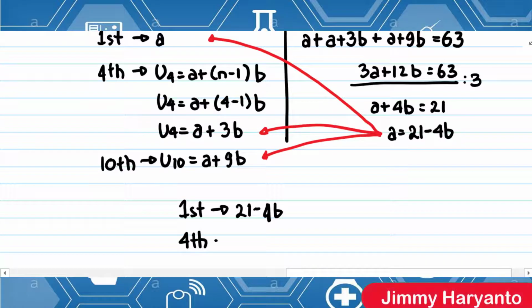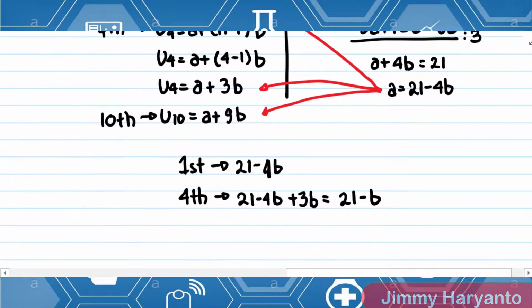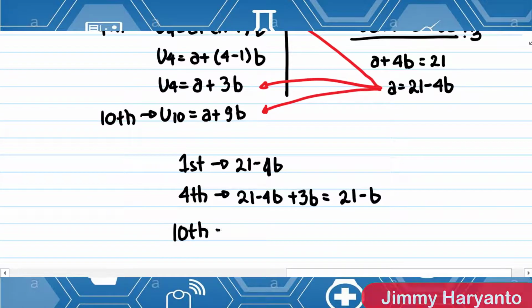The fourth term will be A plus 3B. The A is 21 minus 4B plus 3B, so the result will be 21 minus B. After that, the 10th term is also the same.